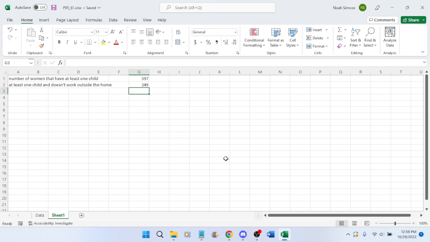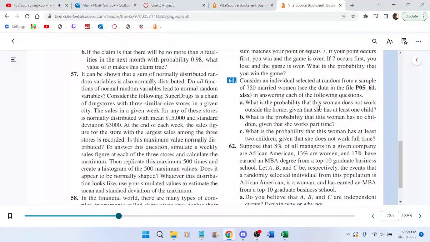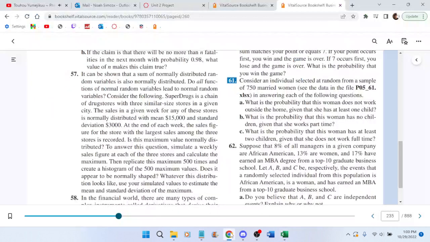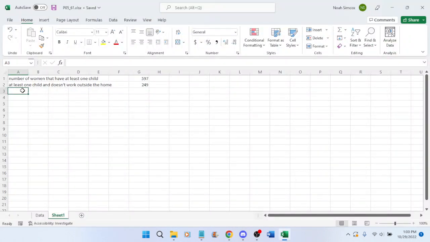So this is kind of a cool one. I think this is the final boss, actually. So now our probability is going to be 249 divided by 597. So A equals this divided by this.